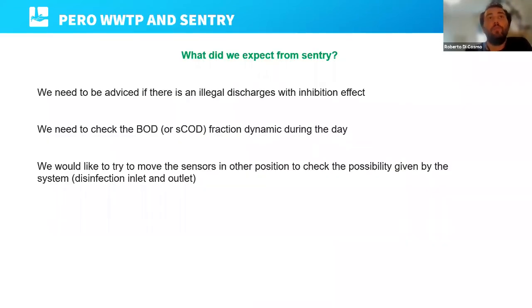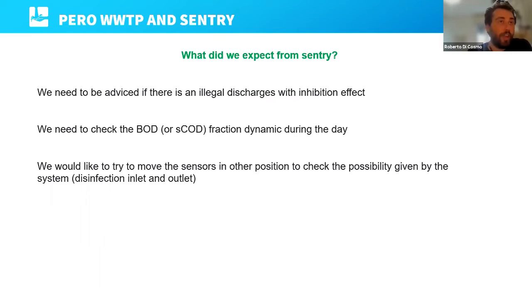So at the beginning, what did we expect from the SENTRY installation? We thought about that. The first thing is that we need to be advised when any illegal discharges with an inhibition effect occur. Maybe, who knows? So what's happening when something like this has been found by the sensor?